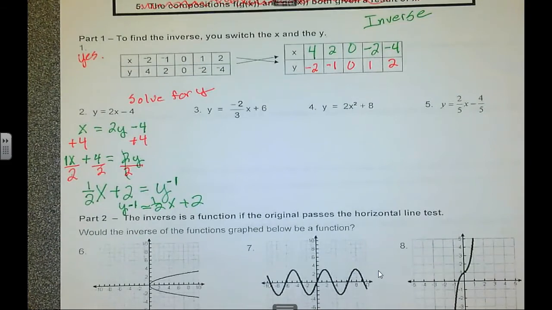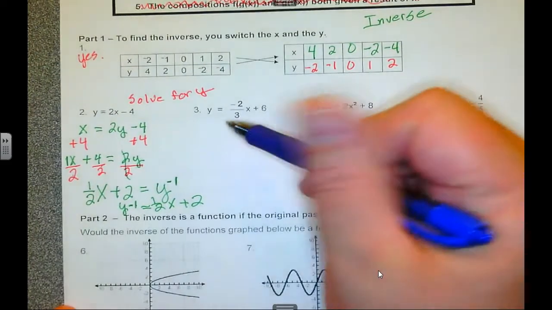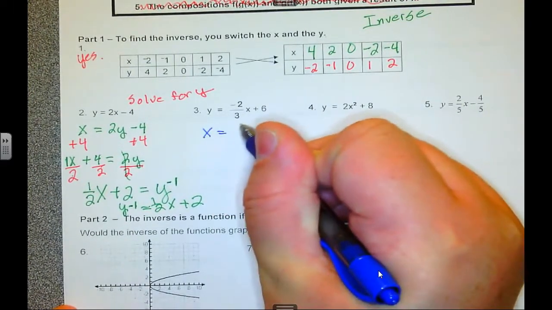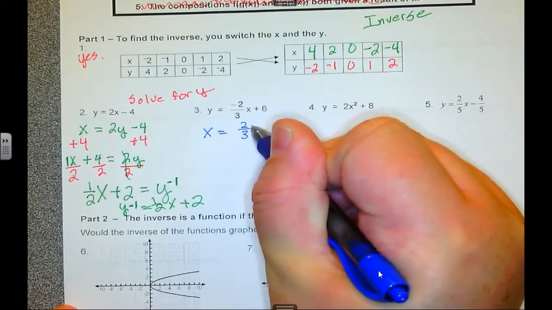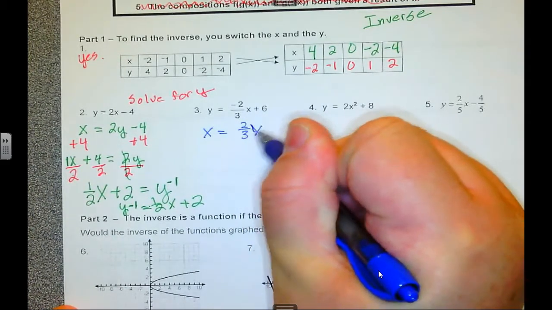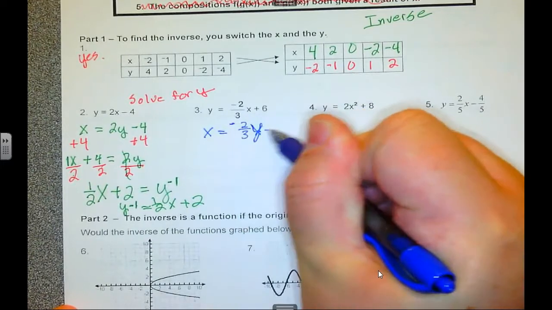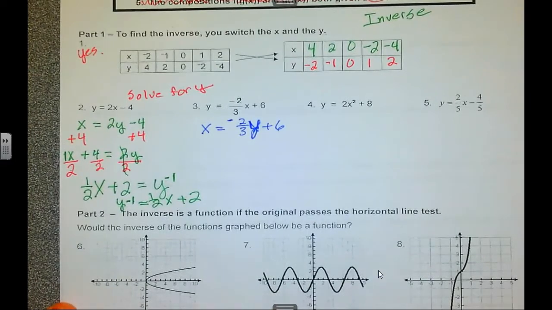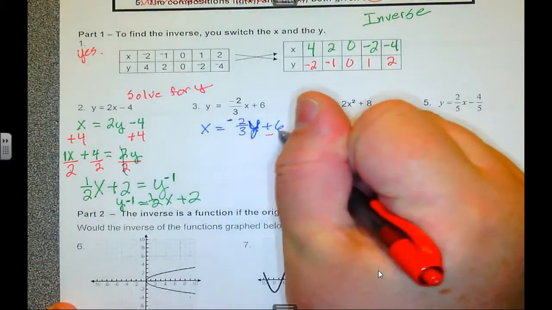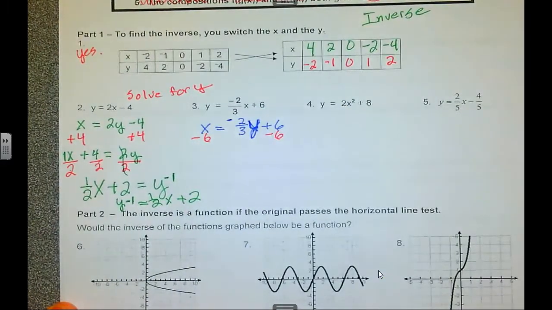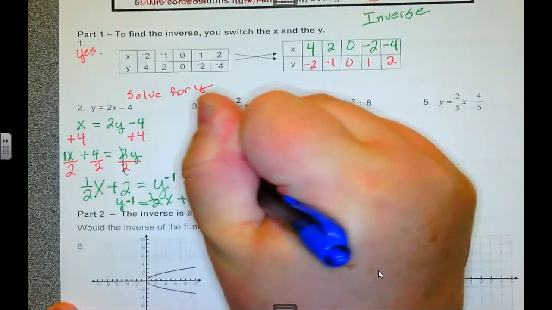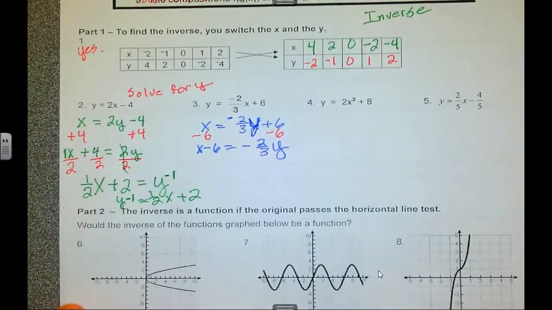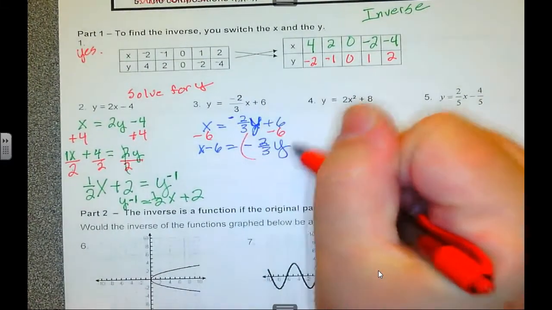All right, number 3. To find the inverse, I'm going to switch the x and the y. And then I'm going to solve for y. Wonderful. Negative 2/3 y. Yes, very good.